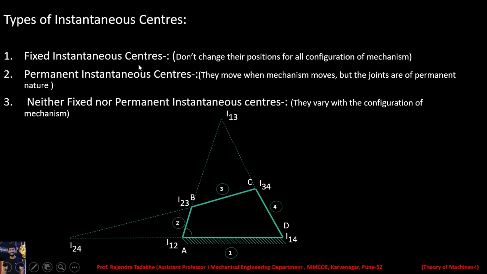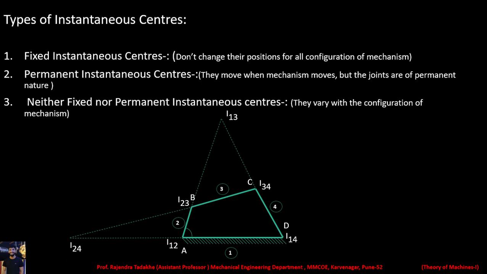Fixed instantaneous centers don't change their position for all the configurations of the mechanism. To understand this, let's consider this 4-bar mechanism ABCD. For this mechanism, I12 and I14 are the fixed instantaneous centers.